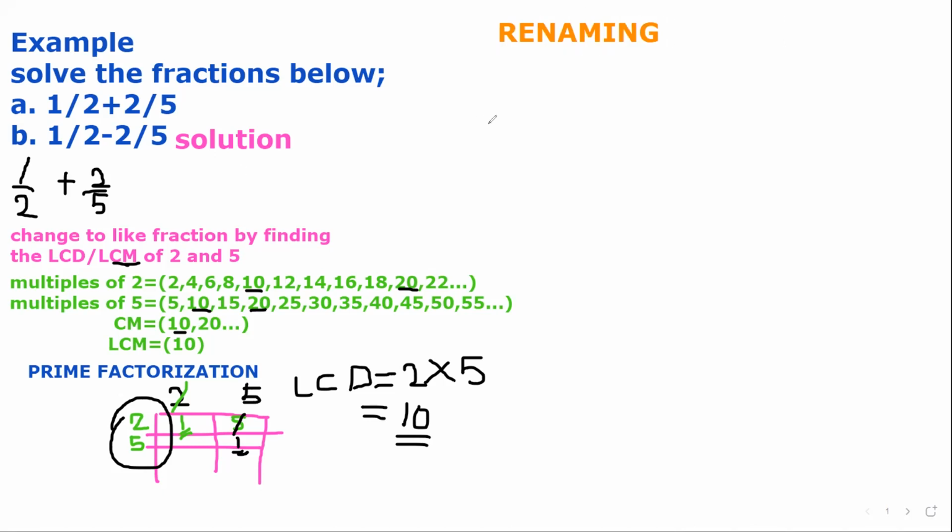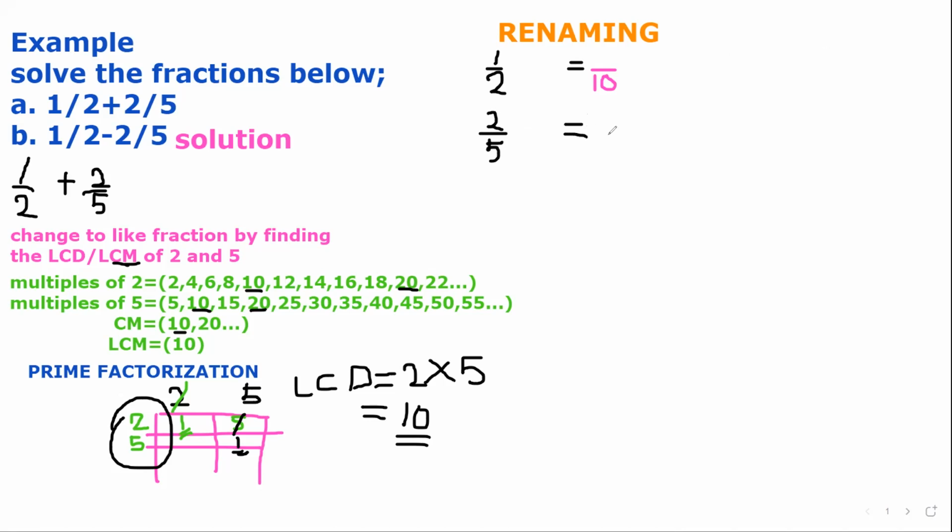Now, when you take 1/2, you leave a space, then you bring equal sign here. The new denominator here supposed to be 10. Then when you take the other fraction, which is 2/5, you leave a space here.